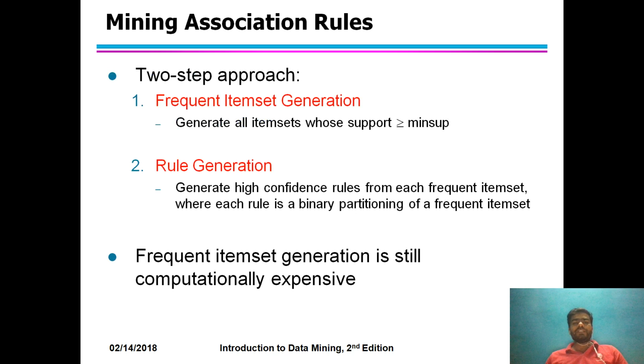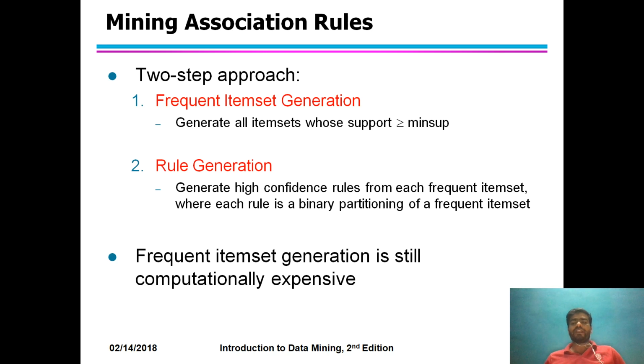For mining association rules, there are 2 steps or 2 approaches. The first one is frequent item set generation, and the second one is rule generation. In frequent item set generation, we generate all the items whose support is greater than the minimum support threshold.